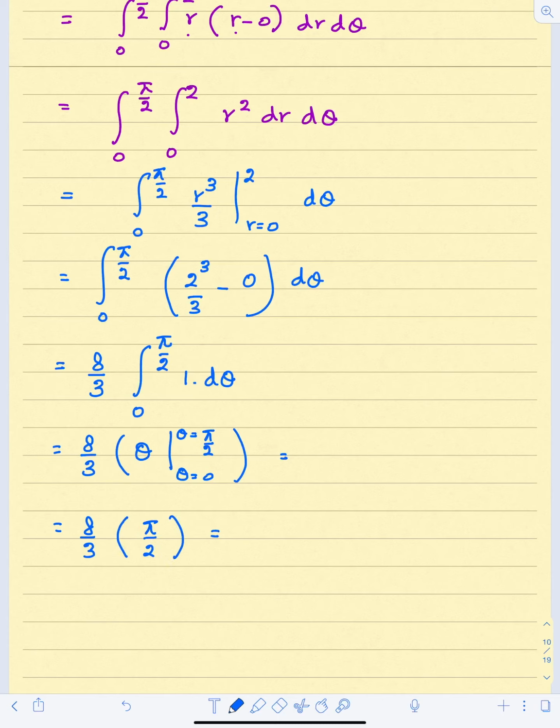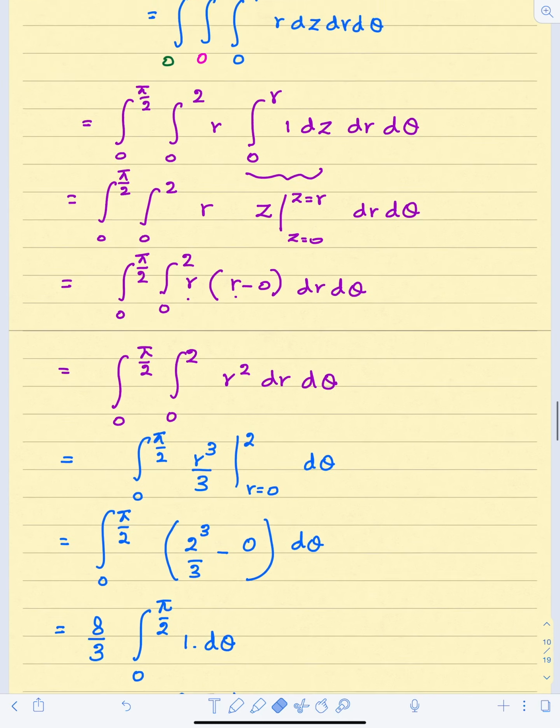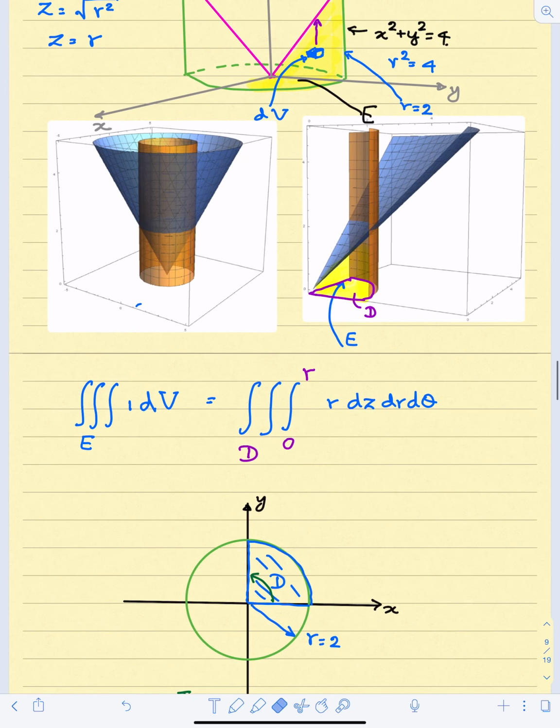If you simplify this, you should get 4 pi over 3. Okay, so with this I've finished the second example, and here we calculated the volume of this solid portion, this part.